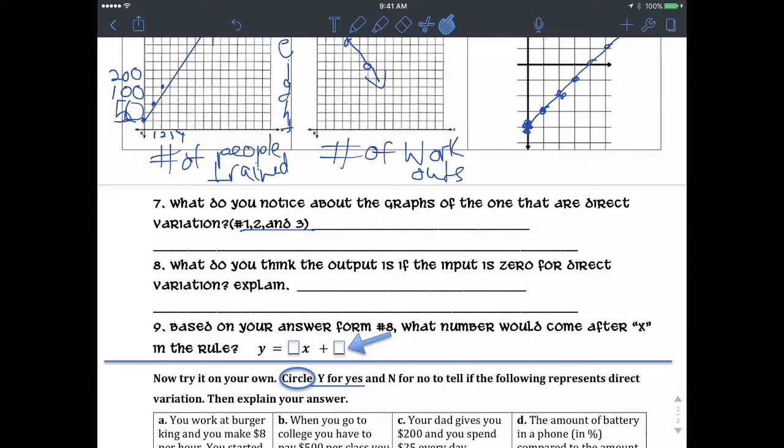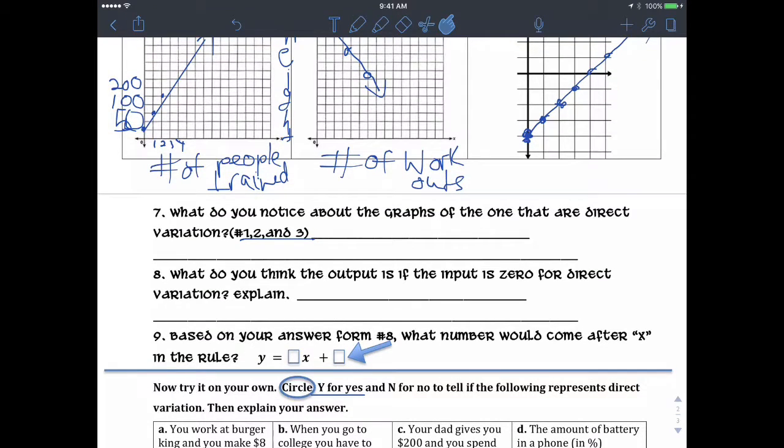All right, now, if you look in all 3 of those, in 1, 2, and 3, those are the only 3, and because they're direct variation, that starts at the origin. Okay?